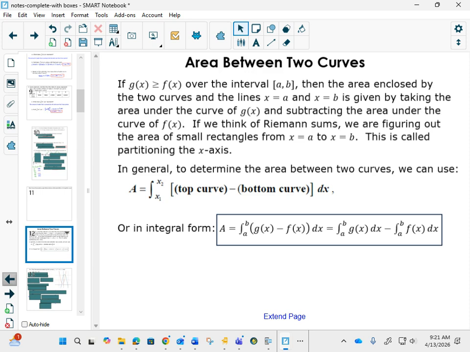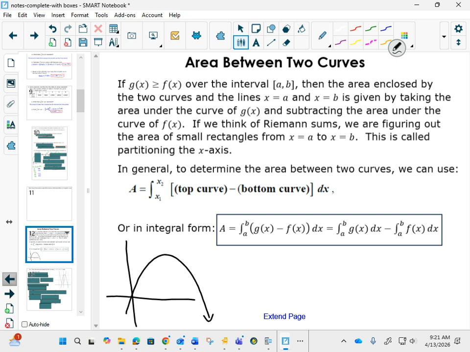While I'm giving you some time, we'll draw a picture: a parabola like this in black, another parabola over here in green, and we're asked to find that area in blue.